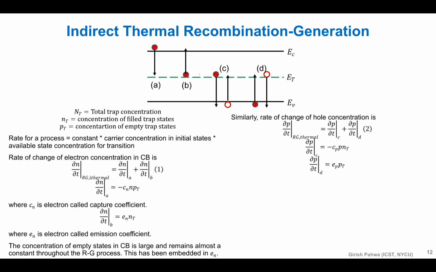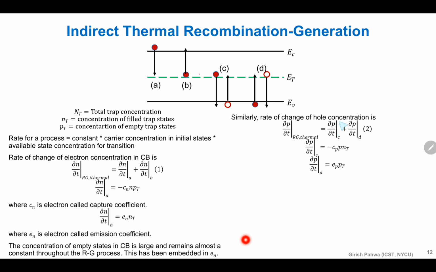Now in equilibrium, what will happen? Del N by del T is going to become equal to 0. The electron concentration will not change in the conduction band and the hole concentration will not change in the valence band. So del N by del T will be equal to 0, and del P by del T, the net one, will be equal to 0.